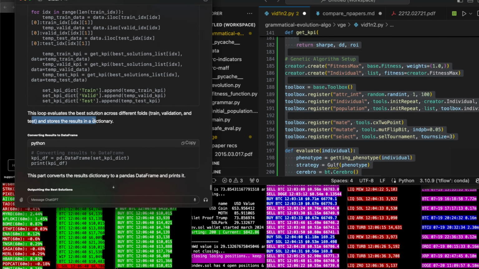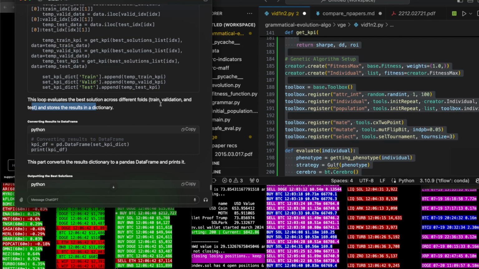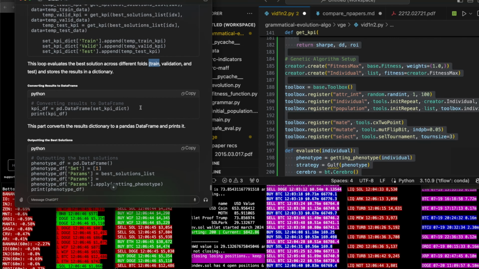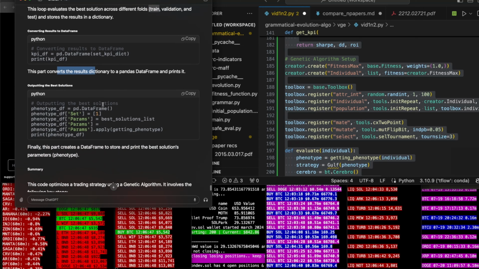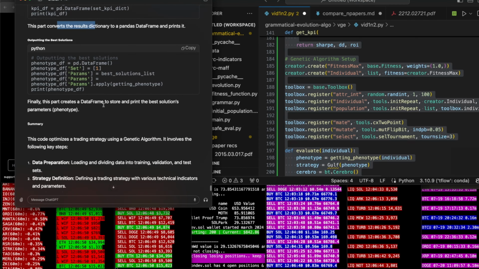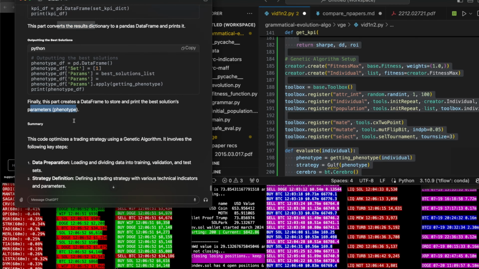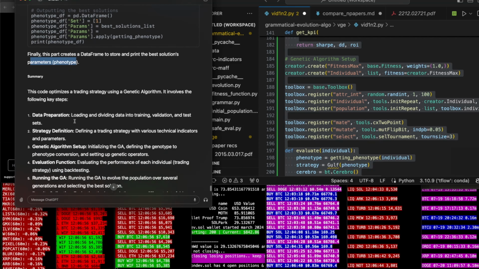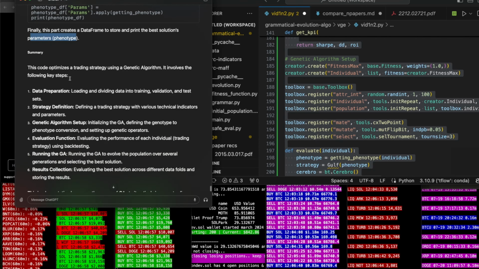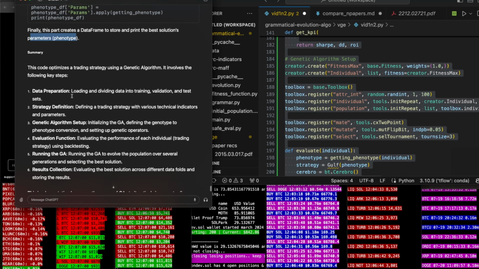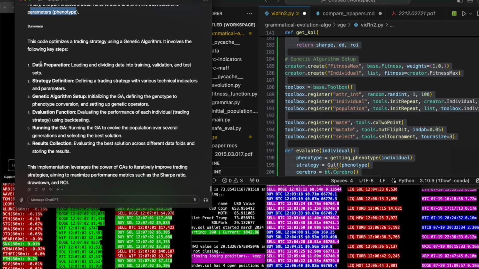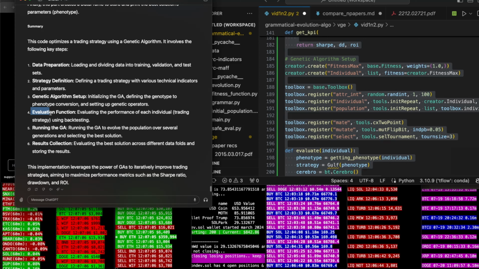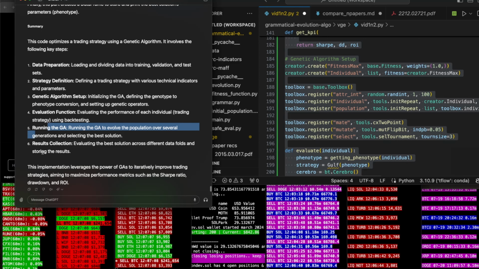This loop evaluates the best solution across different folds, the train, the validation, and the test. This part converts the results dictionary to a pandas data frame and prints it. Finally, this part creates a data frame to store and print the best solution's parameters. This code optimizes a trading strategy using a genetic algorithm. It involves the following steps: data prep, strategy definition, genetic algorithm setup, evaluation function, running the GA, and results.